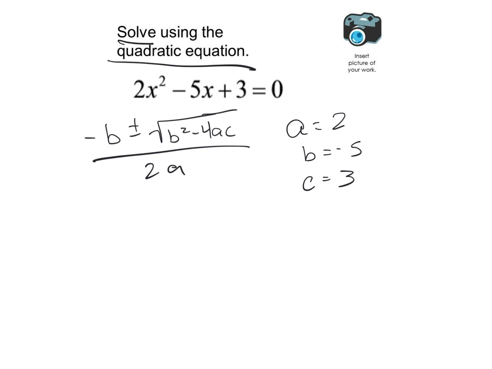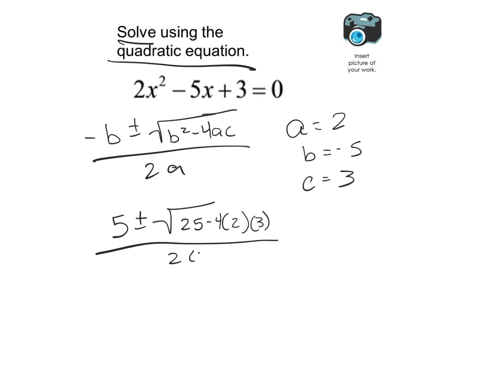Okay, so negative b, this means the opposite of b. B is negative 5, so the opposite of b is a positive 5. Plus or minus square root b squared is 25 minus 4 times a times c, all of that over 2 times a.